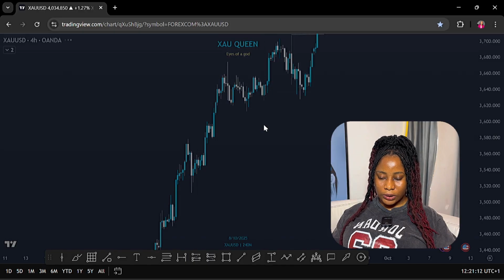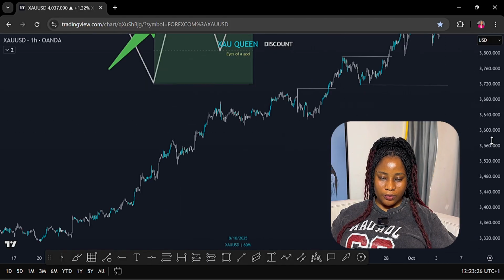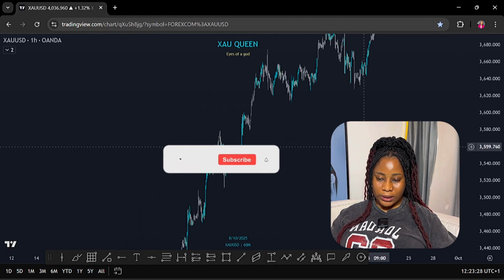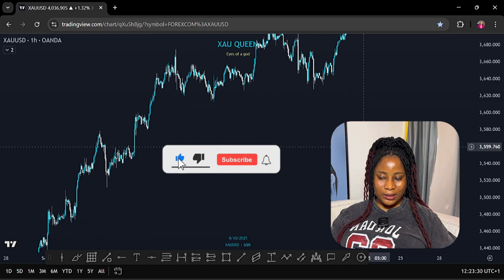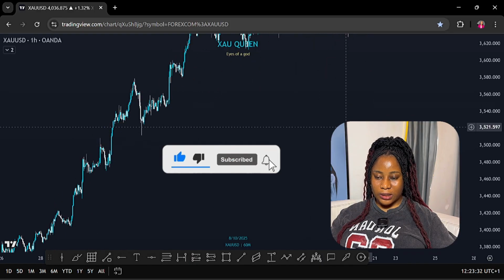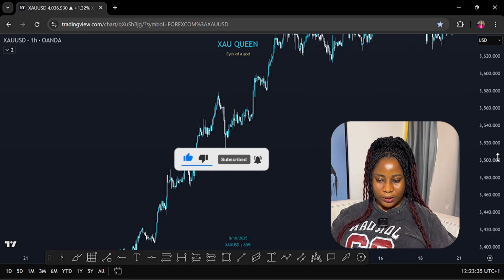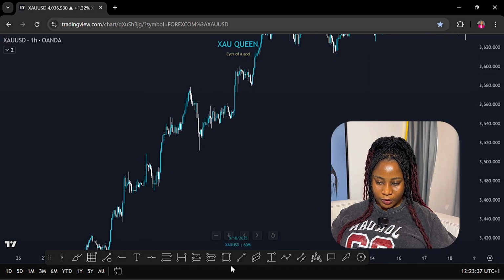If you go on the 1 hour, I wanted to give you guys this example because 1 hour charts can get really, really messy. Yeah? Now look at this. You will say here is a break of structure. You will also say here is another break of structure.